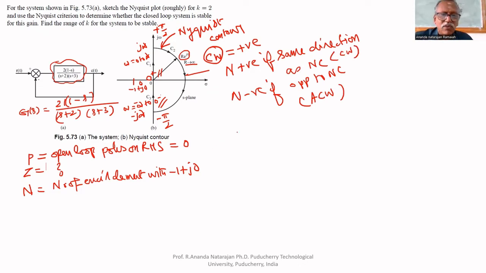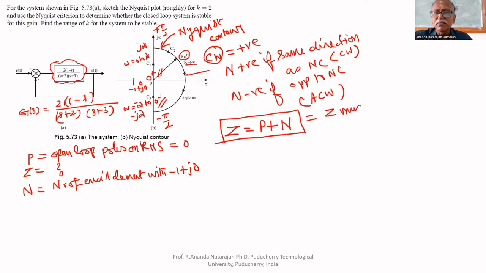Therefore, Z equal to P plus N. For the system to be stable, Z must be 0.